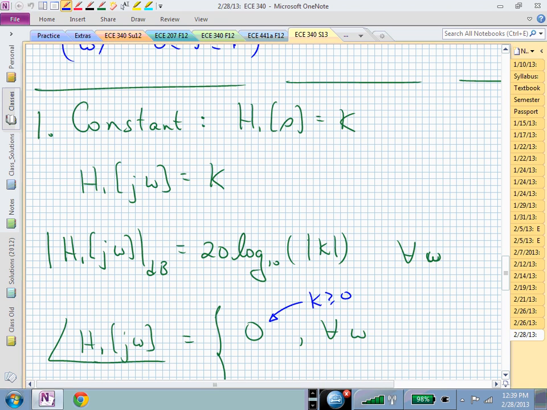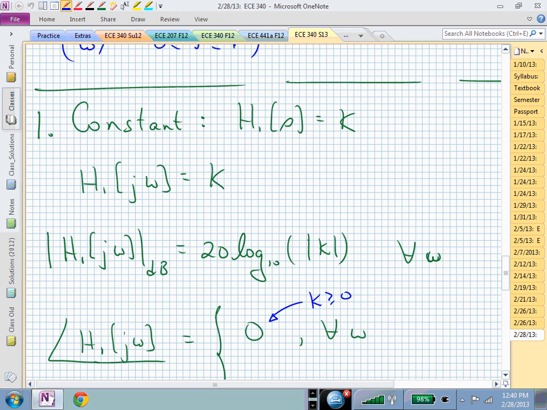If you sketched everything else and then said, oh, I've got to worry about a constant, that constant really just shifts your magnitude up or down depending on whether it's bigger than 0 or less than 0. So if you failed to incorporate the constant in sketching your Bode plot, I wouldn't start erasing anything.